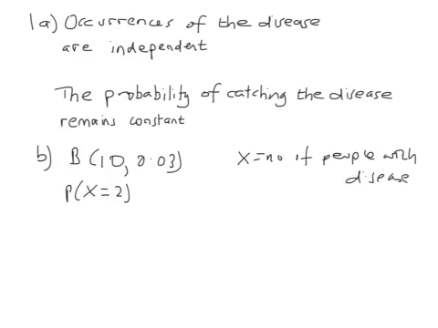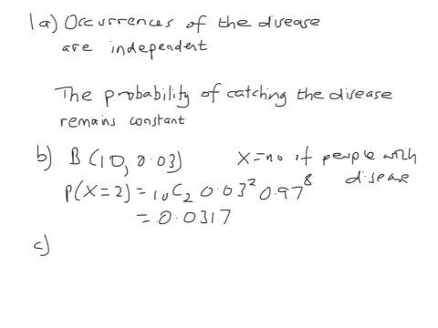probability x equals 2 is 10c2 times 0.03 to the power 2 and 0.97 to the power 8, and that works out to be 0.0317. In part C, to work out the mean, that's n times p.